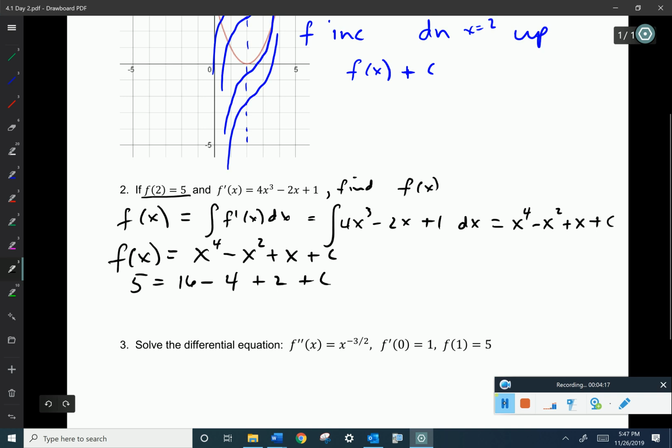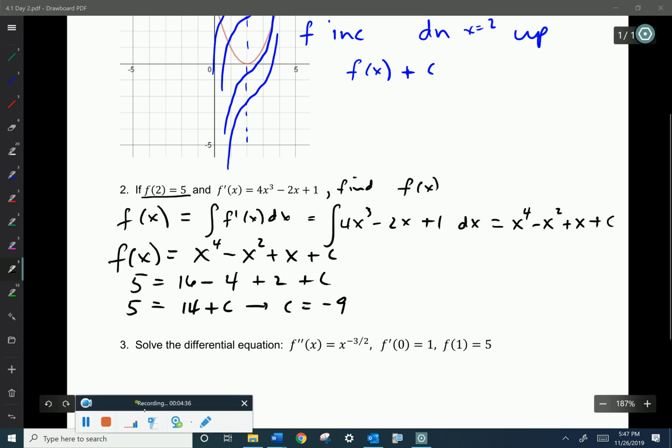Let's see, that would be 12 and 2 is 14. So I think what we have is 14 plus c, and so if I subtract, that's going to tell me that c is going to have to equal, what is that, negative 9? So that means the actual function that they're looking for is x to the 4th minus x squared plus x, and then instead of a plus c, I'm going to put minus 9. So that's the specific function that goes through that point.